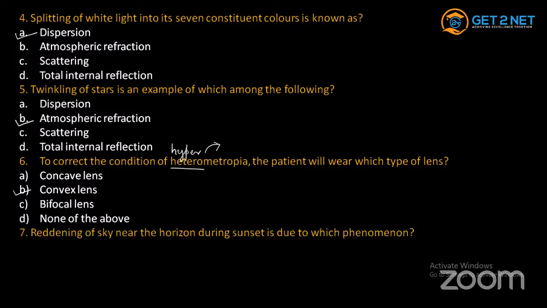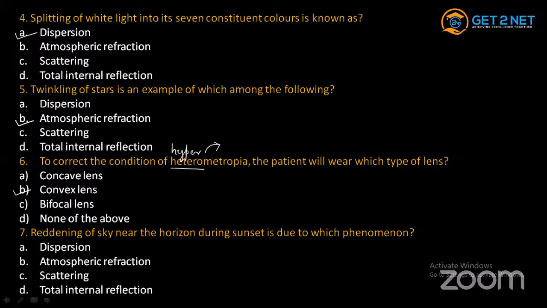Question number 7. Reddening of sky near the horizon during sunset is due to which phenomenon? Reddening of sky. It may be, it can take place during sunrise or maybe during sunset.